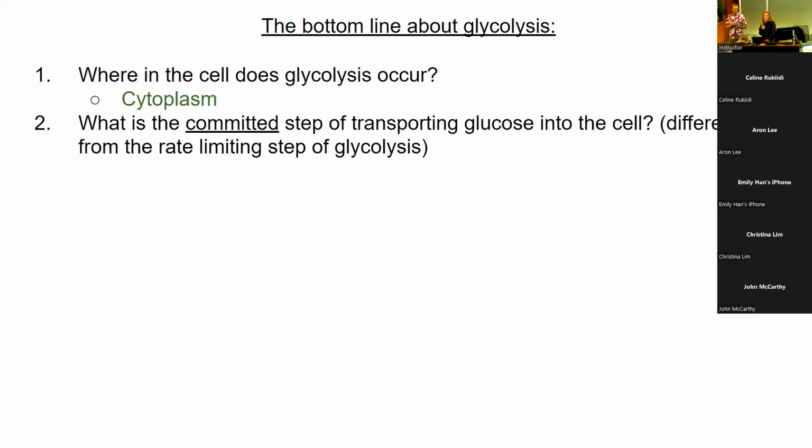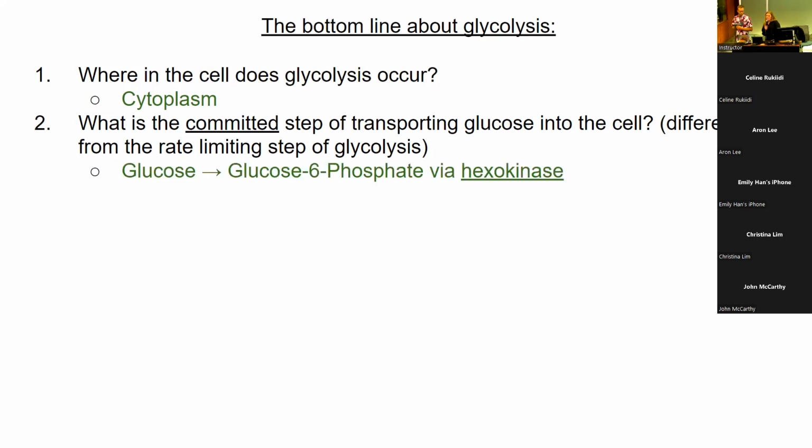Does anyone know what the committed step is, not for glycolysis, but just in general for glucose being trapped into the cell? G6P, yes, so hexokinase. Hexokinase converts glucose to glucose 6-phosphate, and once it's glucose 6-phosphate, it cannot leave the cell, which means it's destined to do some sort of metabolism somewhere in the cell.